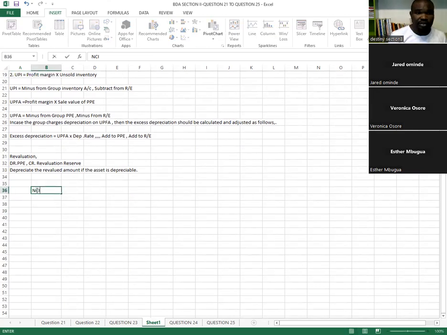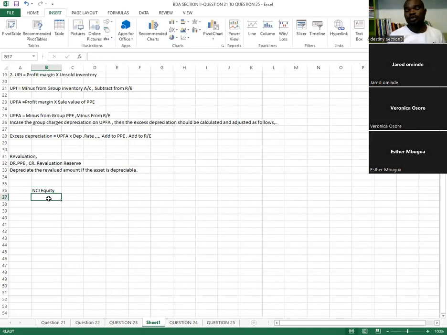Non-controlling interest, in a consolidation, we check two things: their equity and their profit. Profit goes to the P&L, equity goes to the balance sheet. So in case you want to know how much equity is due to them, then this is what you do.